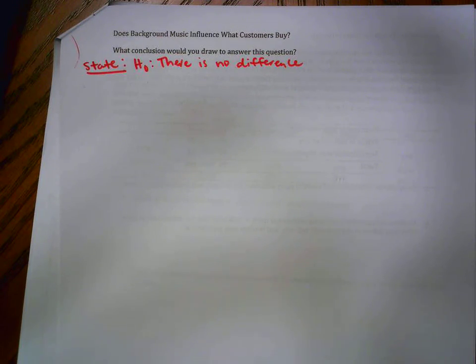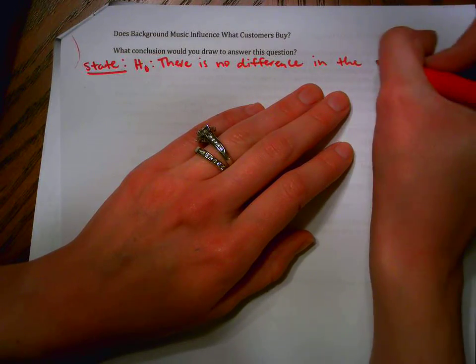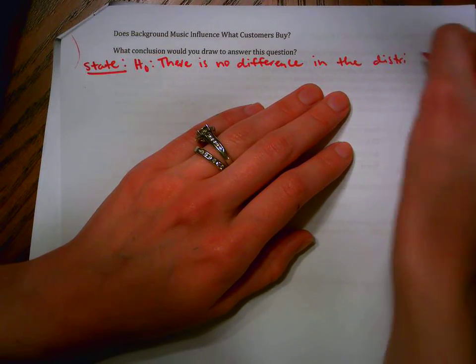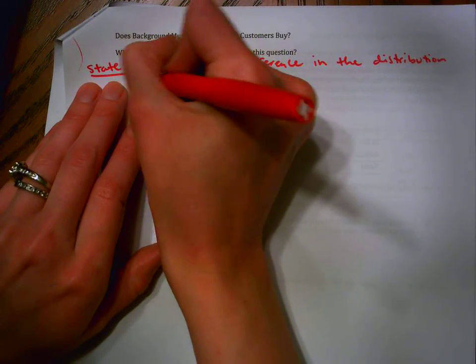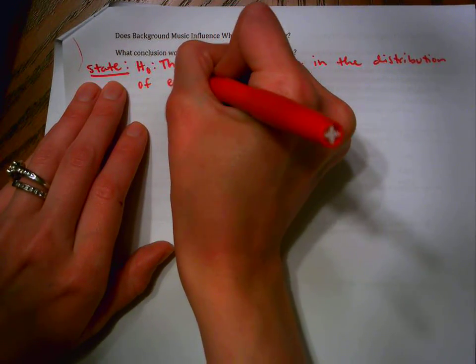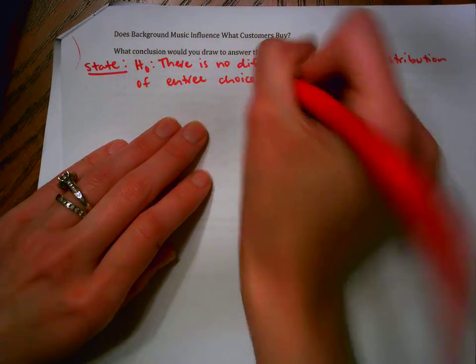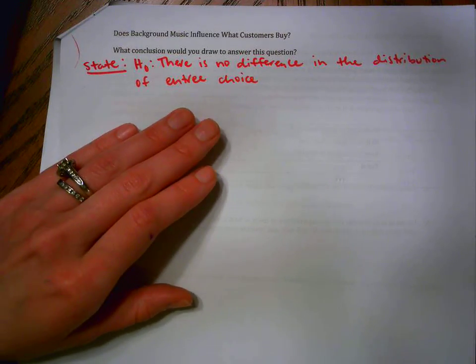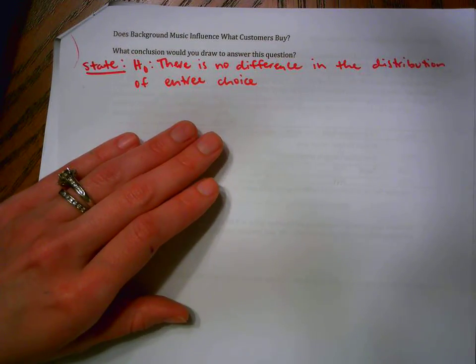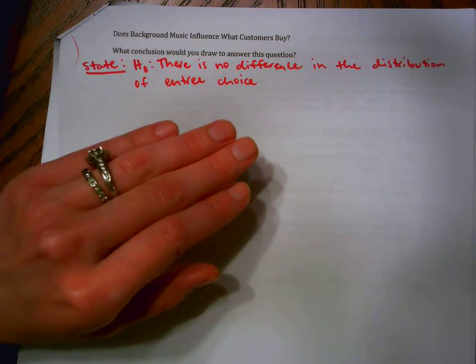So there's no difference in the distribution of entree choice across, for different musics played. I'm trying to make sure I match this setup we have.